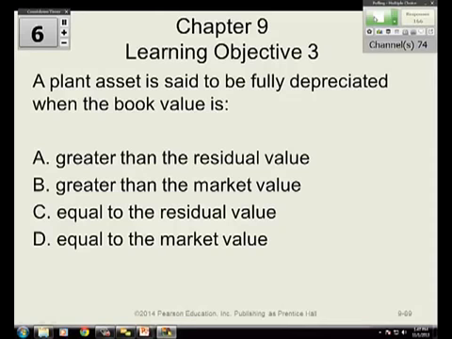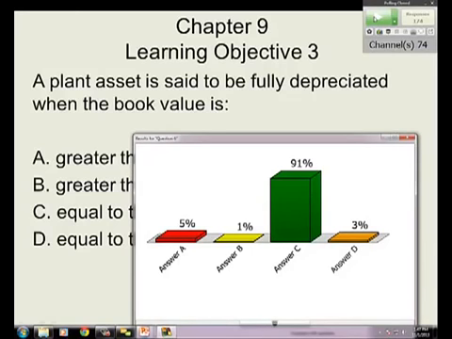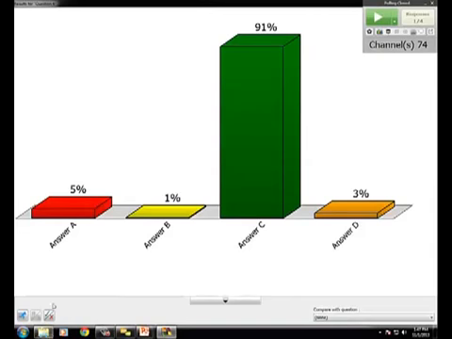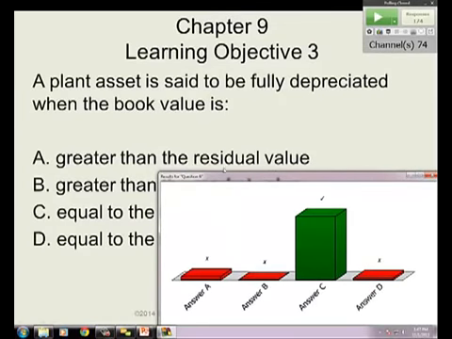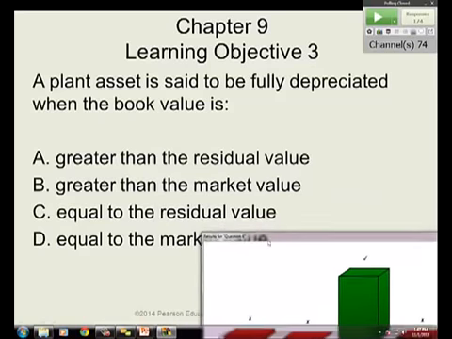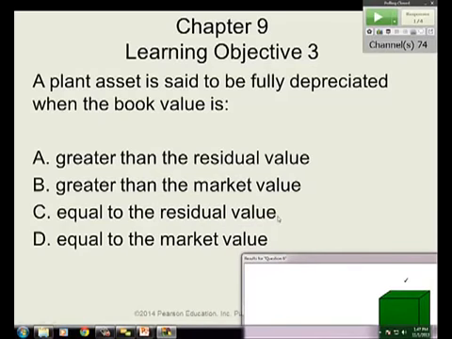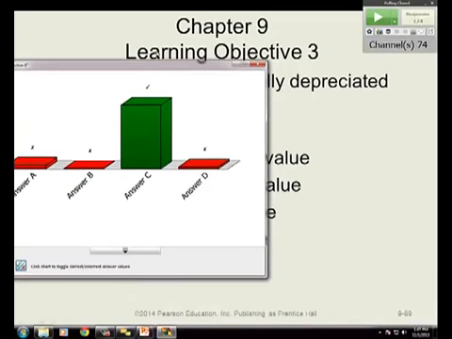When an asset is fully depreciated, it would be equal to its residual value. I said that about maybe 7 minutes ago, that even if the residual value is 0, that's what's left when you fully depreciate it. All right, let's go to one more.